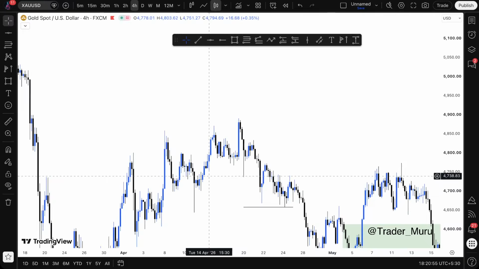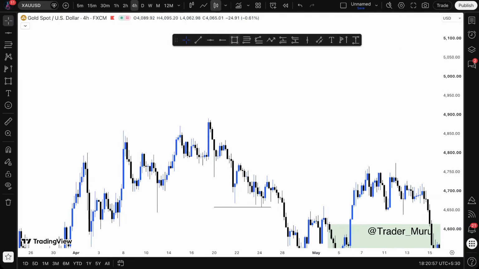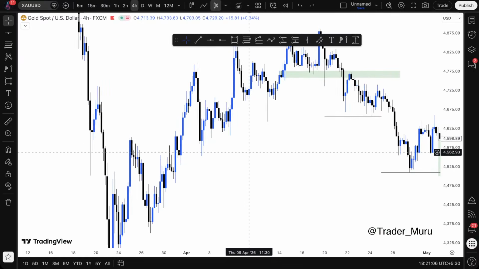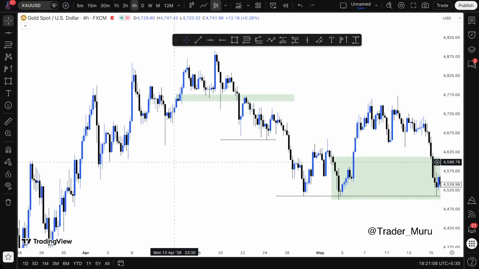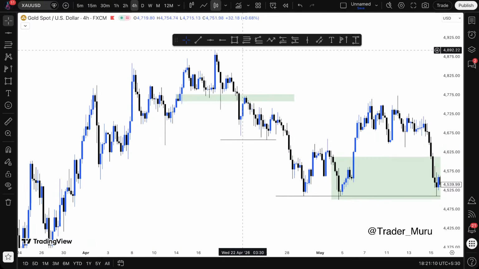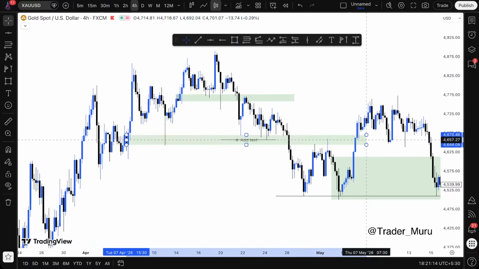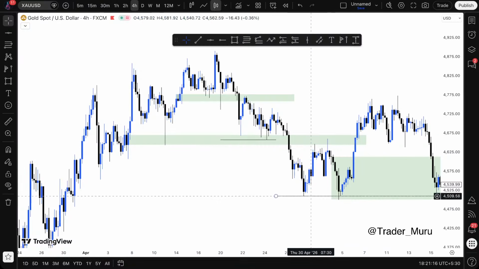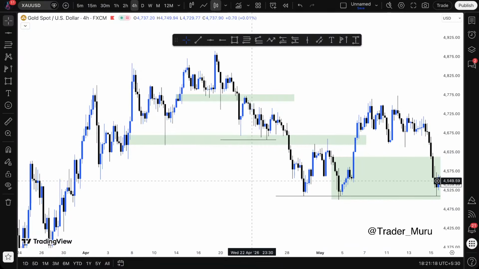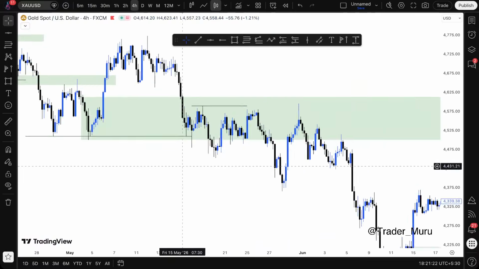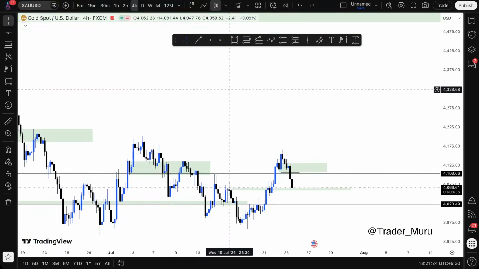Where is other example? Here we have. This is also a demand. So we will watch this area.